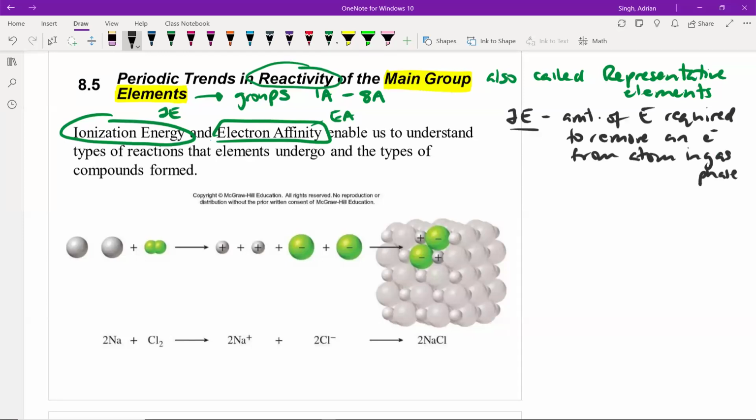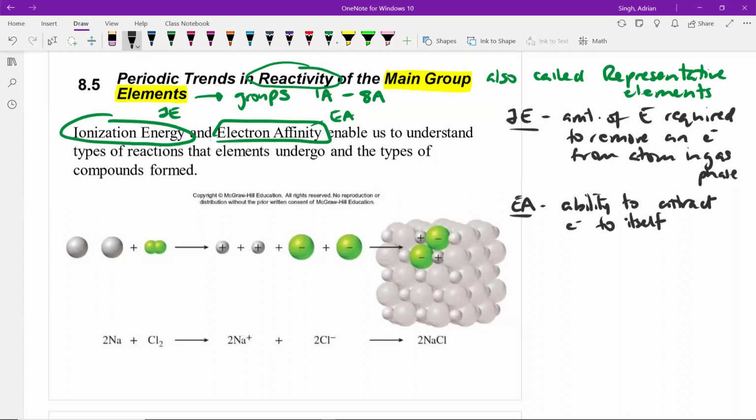Okay, so how easy is it to remove an electron? If the ionization energy is high, that means it's not very easy. If the ionization energy is low, it's very easy to remove an electron. Electron affinity, on the other hand, is the ability of an element to attract electrons to itself.